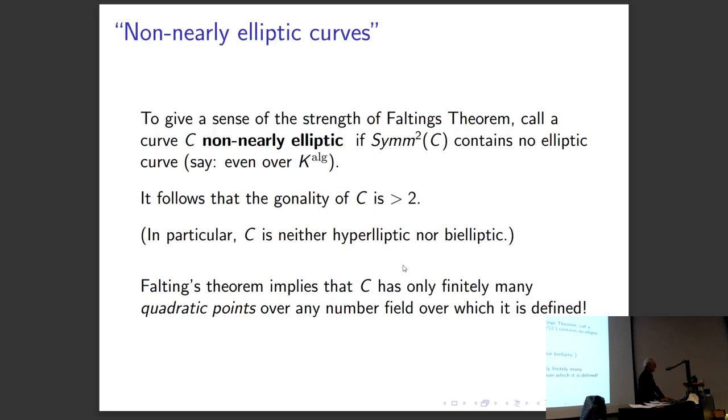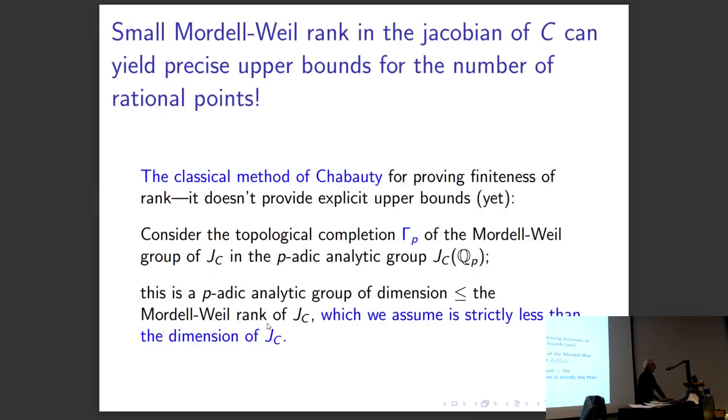So C is neither hyperelliptic nor bielliptic. And Faltings' theorem implies that C has only finitely many quadratic points over any number field for which it's defined. That's an amazing piece of uniformity right there. And if you have curves of higher gonality, you have even greater uniformity.